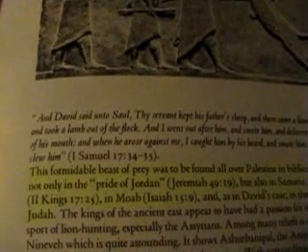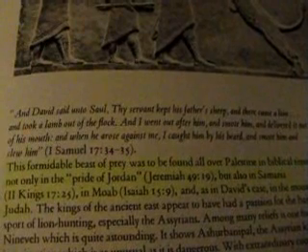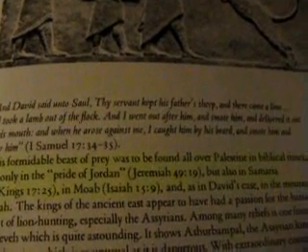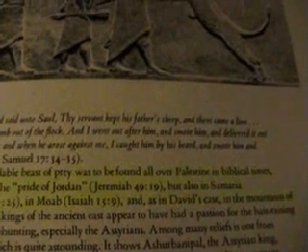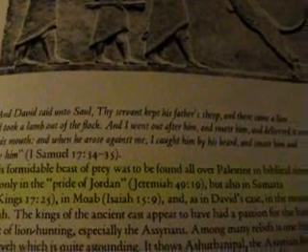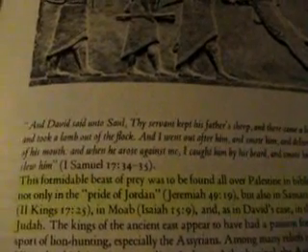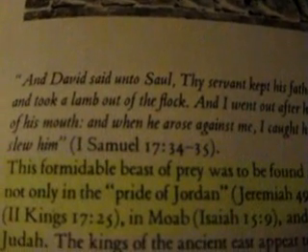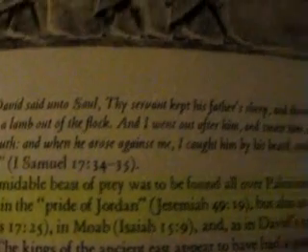And David said unto Saul, thy servant kept his father's sheep, and there came a lion and took a lamb out of the flock, and I went after him and smote him and delivered it out of his mouth. And when he arose against me, I caught him by his beard and smote him and slew him. It's in 1 Samuel chapter 17 verse 35.